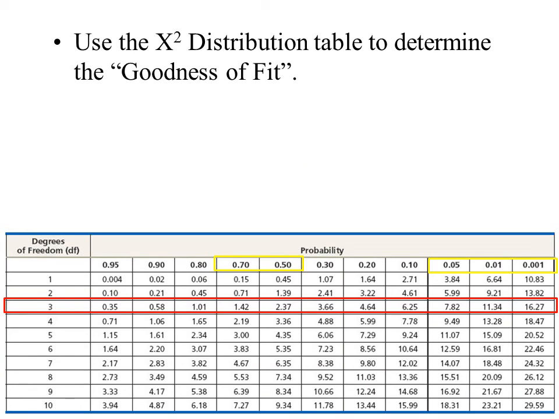We will now have to use our lecture book, Appendix F. On that page, you will have this chi-square distribution table. We will use this table to determine the goodness of fit.